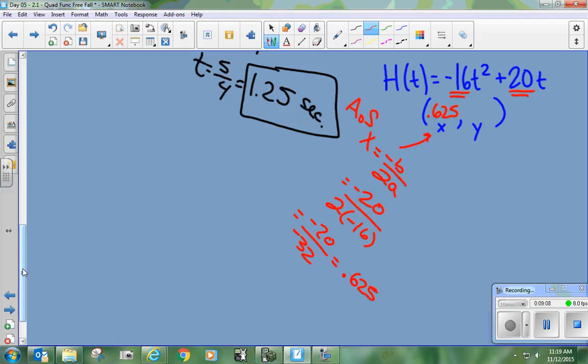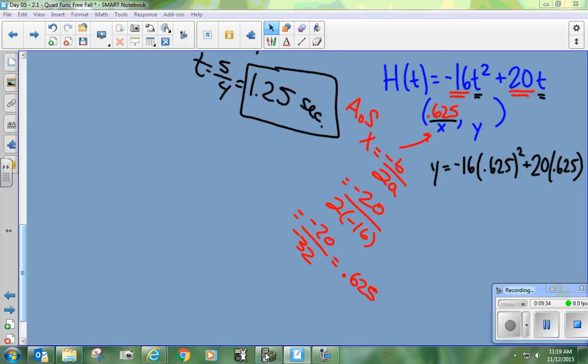So if I have 0.625 here, now I can find the height. And how do I do that? Yeah, I just plug my x value in. And for this, it's going in for time, right? So my y value is going to equal negative 16 times 0.625 squared plus 20 times 0.625. That's going to be the height. Tell me what you come up with.